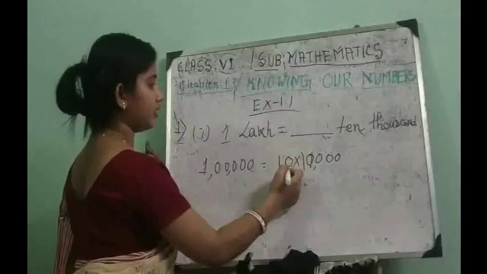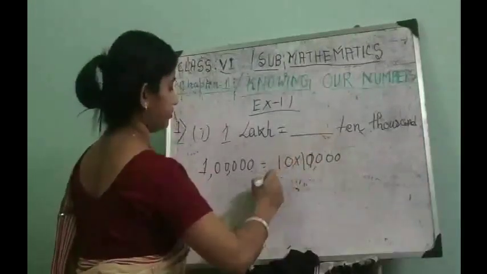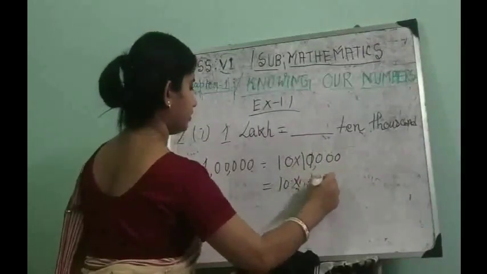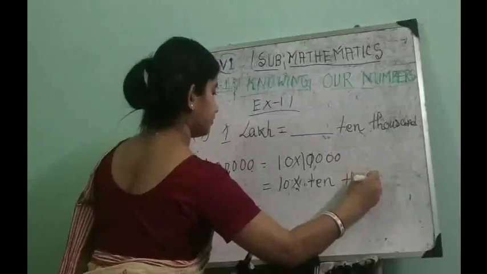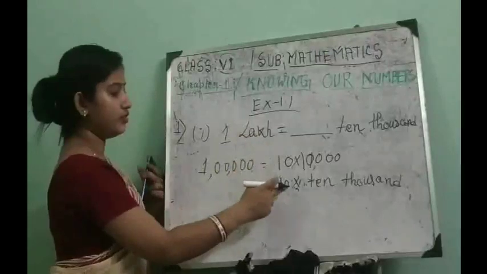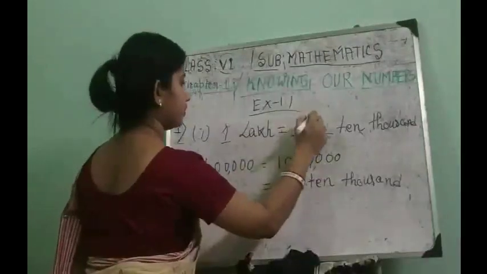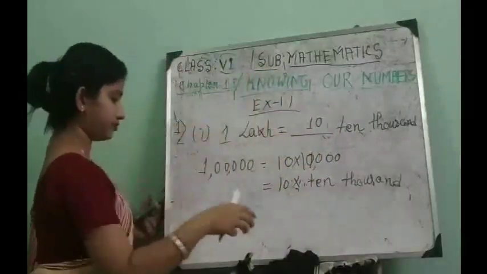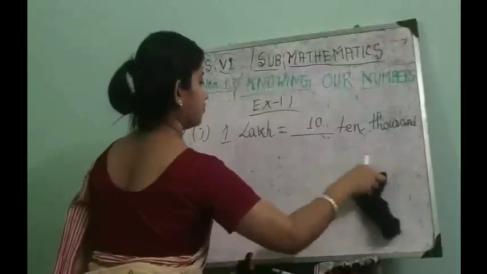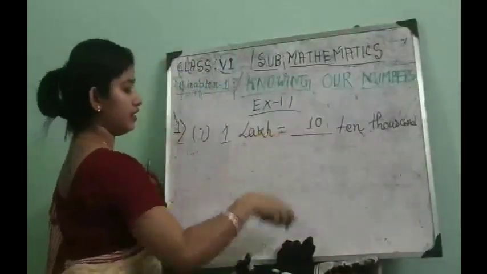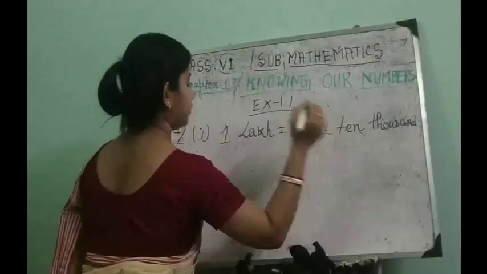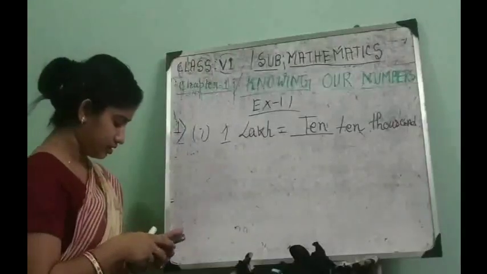So this is 10,000. 10 into this is 10,000. So we get 1 lakh equals to 10 into 10,000. Or we write this in this form.